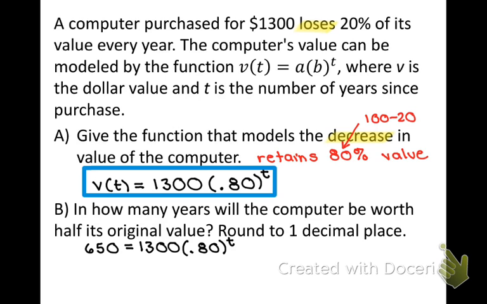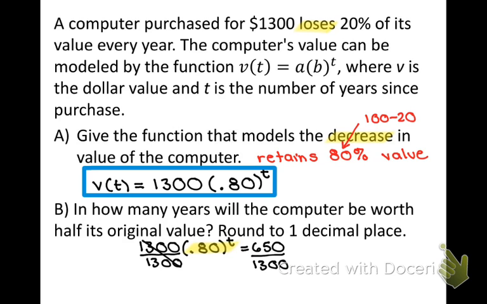Okay? And if it makes you feel any better or more comfortable in terms of the way that we've seen these equations written so far, you can write that 650 on the right-hand side as well. But remember, I'm trying to get this base to my variable, to the exponential variable, isolated first. So I actually have to divide by 1,300 to begin with.